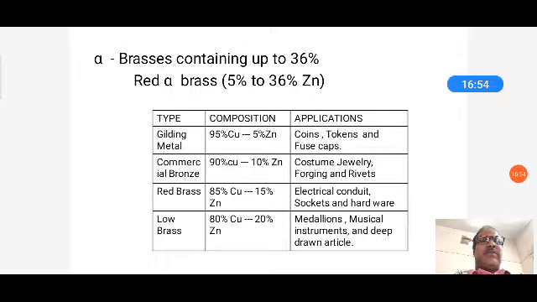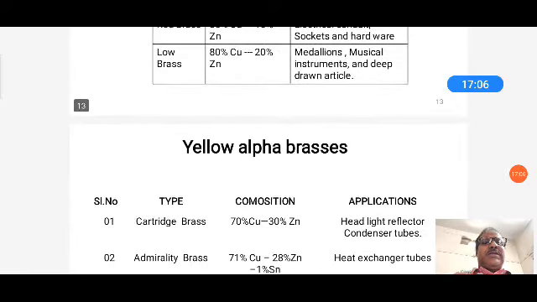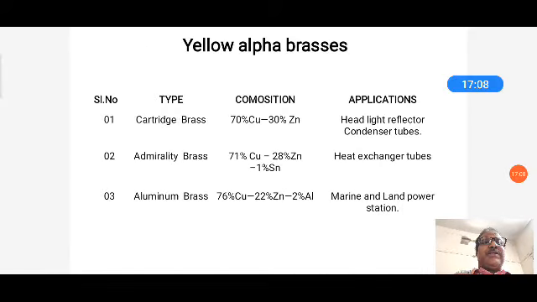Thus red alpha brasses contain nearly 5 to 36% zinc in pure copper. The next one is yellow alpha brasses. That is nearly 30% zinc, 70% copper, known as cartridge brass.